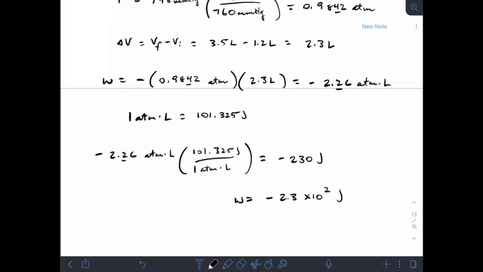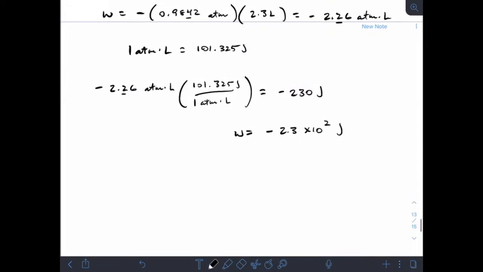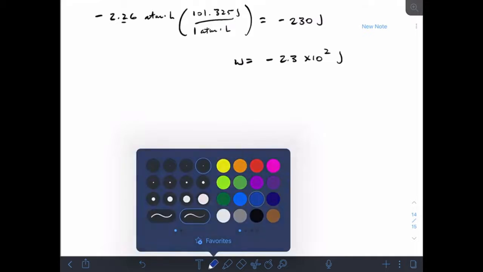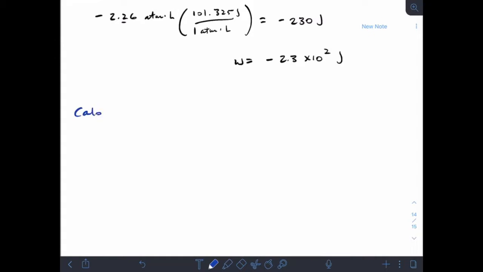Okay, so now I'm going to take a step back and we're going to talk about calorimetry in a little bit more detail. Calorimetry is all based on the law of conservation of energy. So negative Q system equals Q of the surroundings, or vice versa.